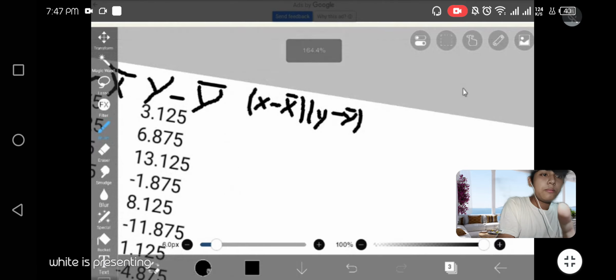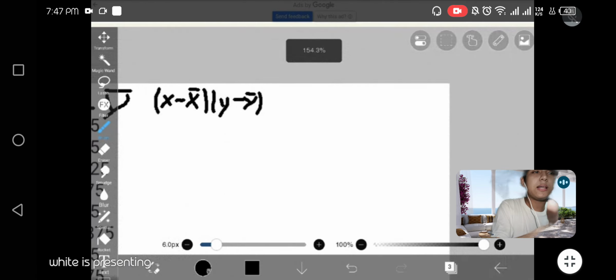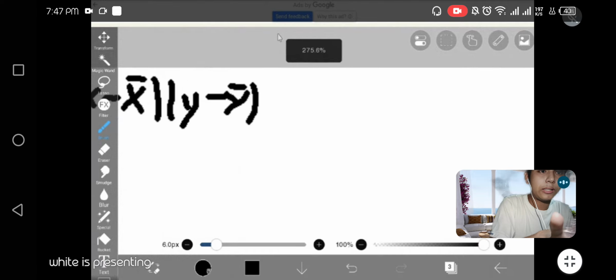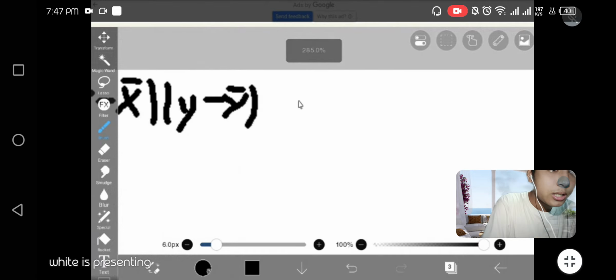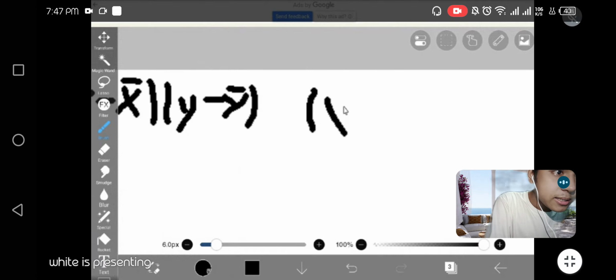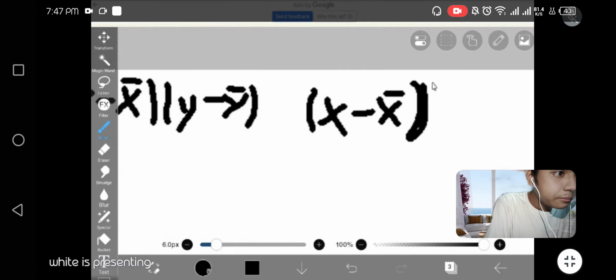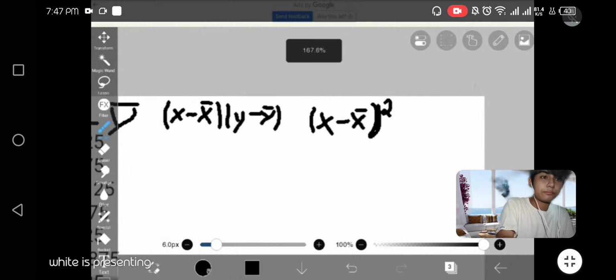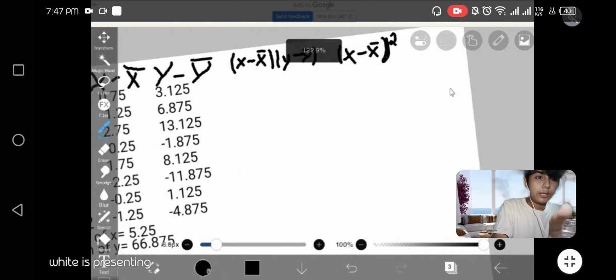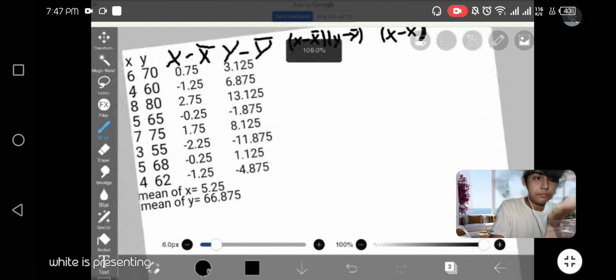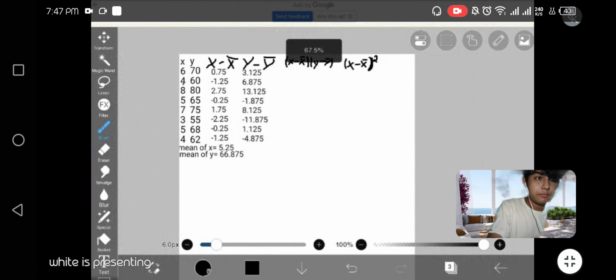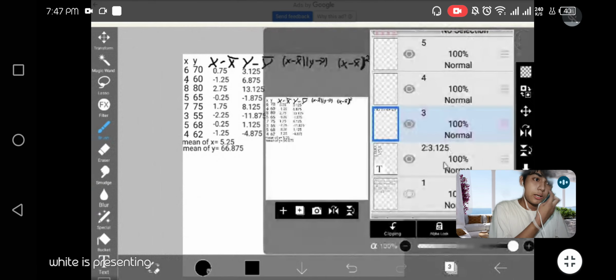Ayan. Para hindi na tayo magsulat mamaya, sulat na natin yung susunod nating kasi yun yung pinaka-last. Yung x minus x bar squared. Ayan. Let's go back to our lesson.